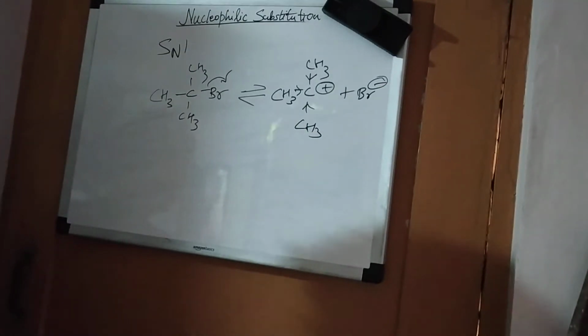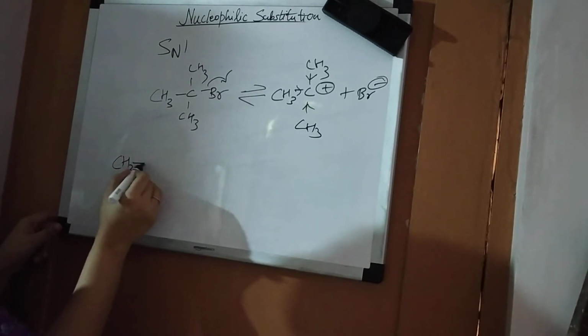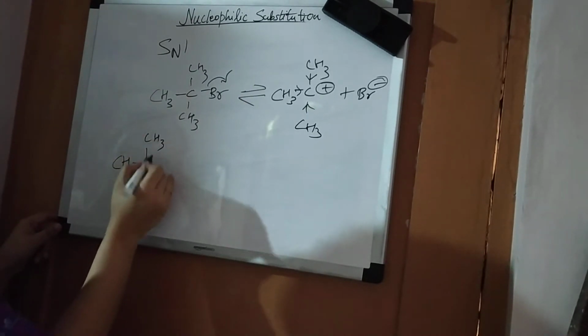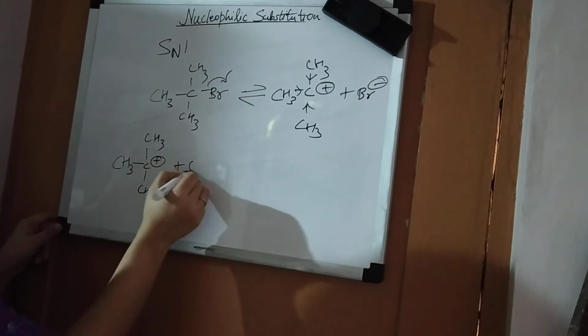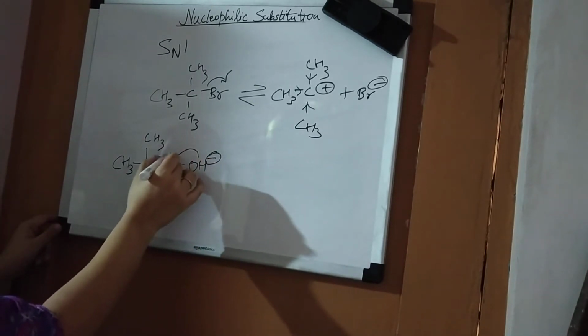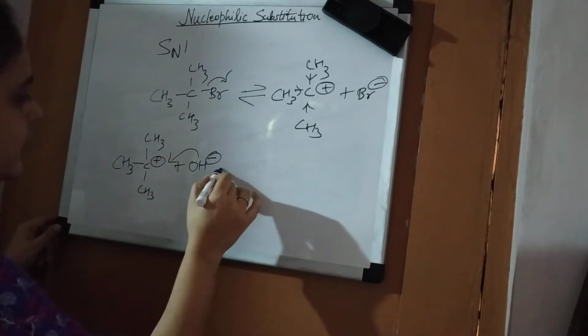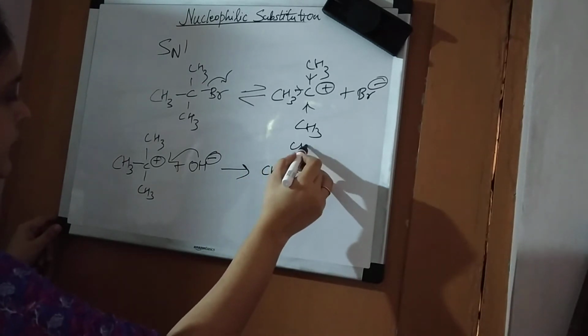Now this carbocation will be attacked by the OH negative nucleophile. It will attack here and we will get the product.